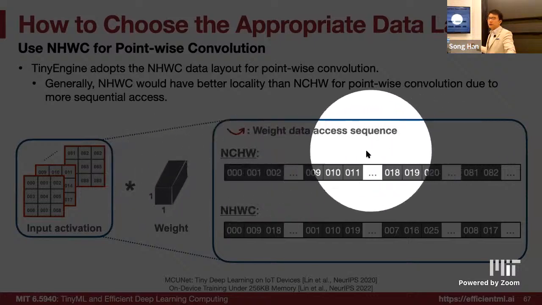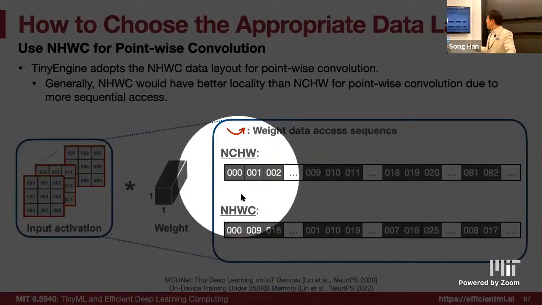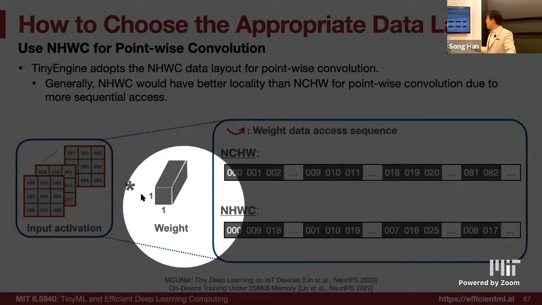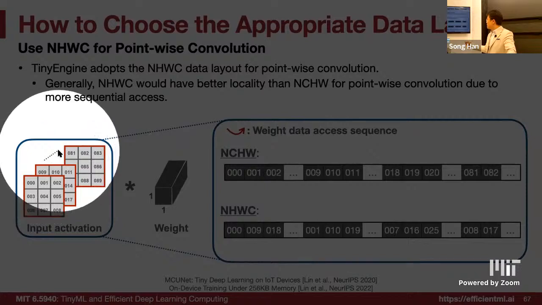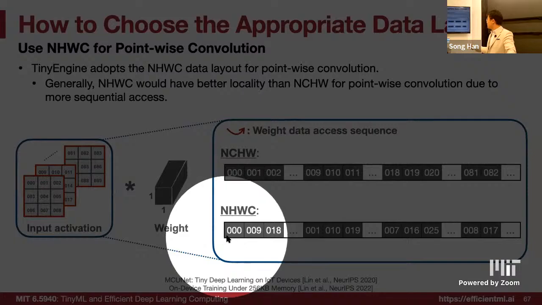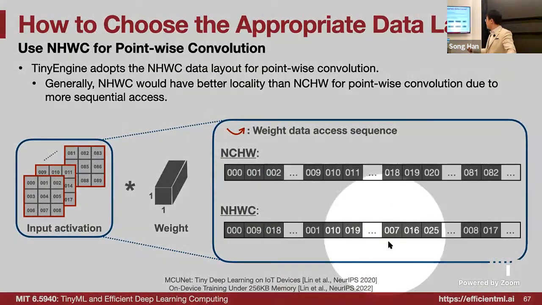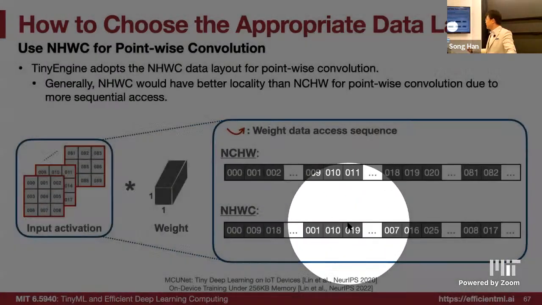So that's the NCHW layout. Versus if the channel dimension is in the inner loop, we are going to store 0, 9, 18, all the way to 81 contiguously in the memory. And then the second channel, which is 1, 10, all the way to 82.